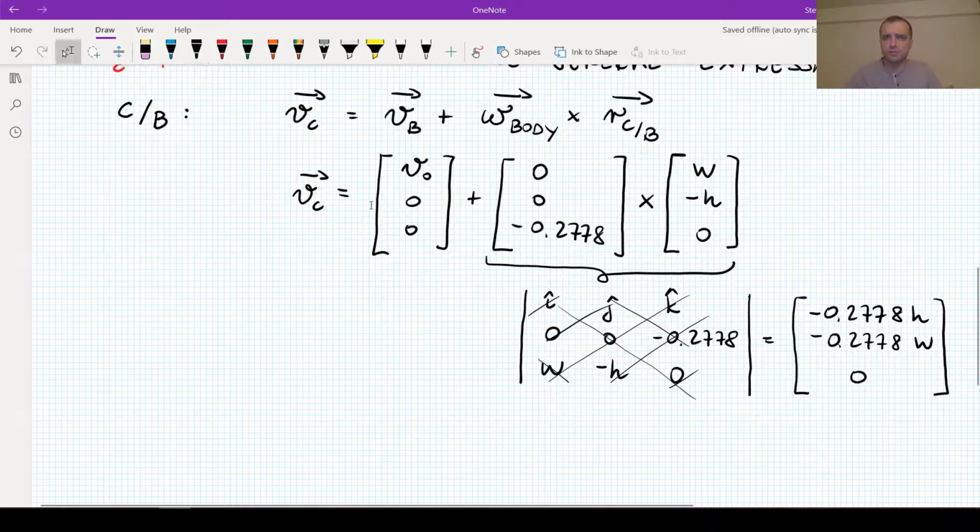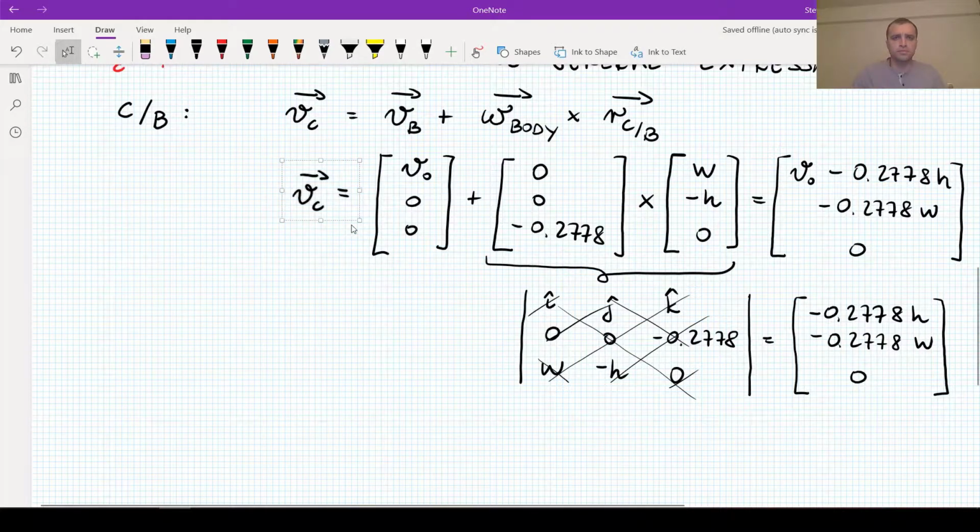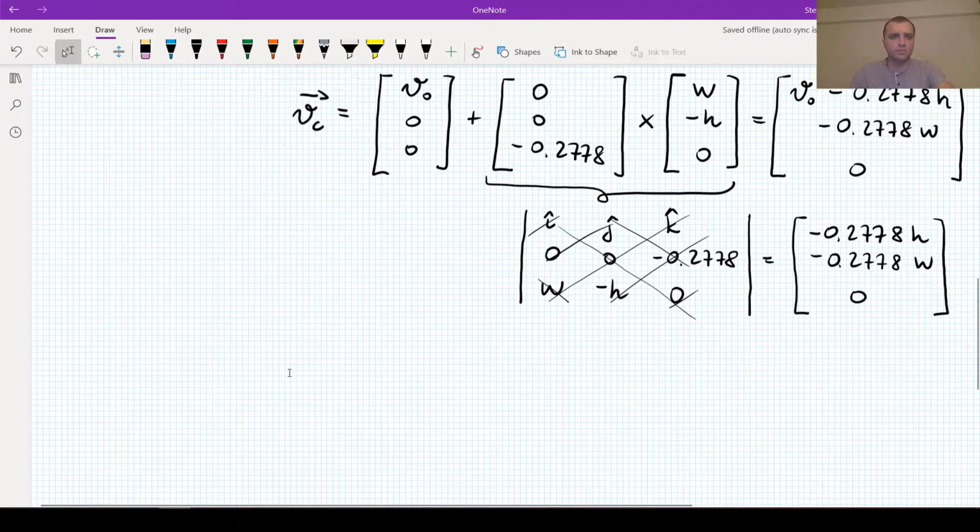Okay, so that means that our VC will be equal to V0 minus 0.2778 h and minus 0.2778 w. Great. So our VC is equal to this quantity.